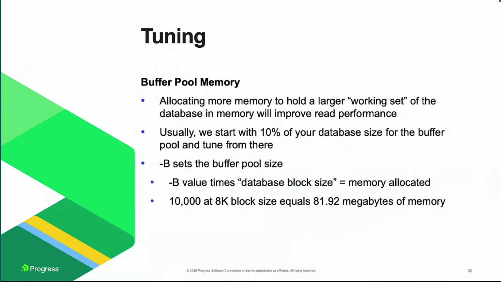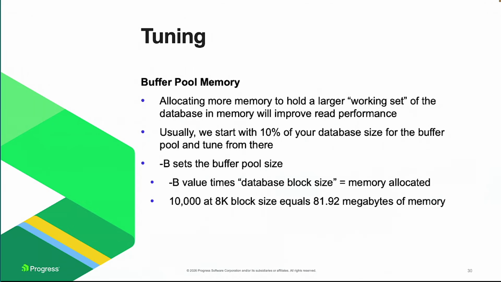Okay, the memory buffer pool, or the dash big B as many people call it, right? Having as many records in memory as you can gives you the best performance, right? So if you have a record in memory already, then you don't have to go read the disk for it. A quick question, a show of hands: when we read a record into memory, do we pull just the record up or do we pull a whole block up into memory, right?